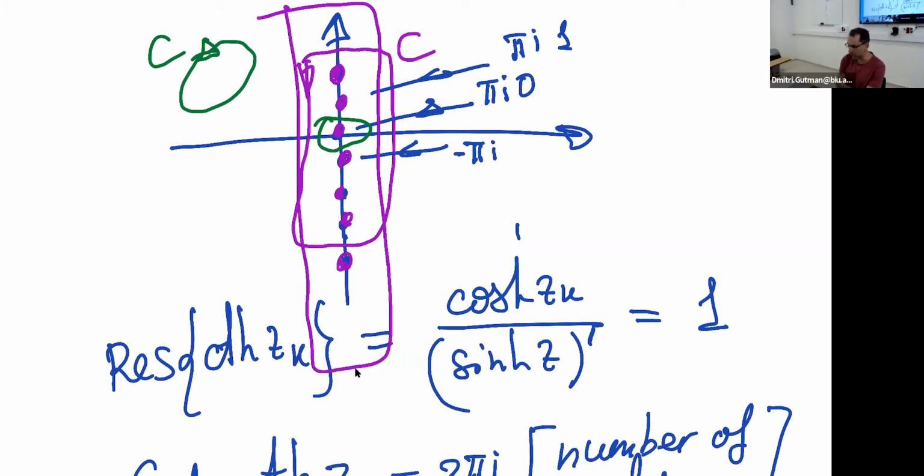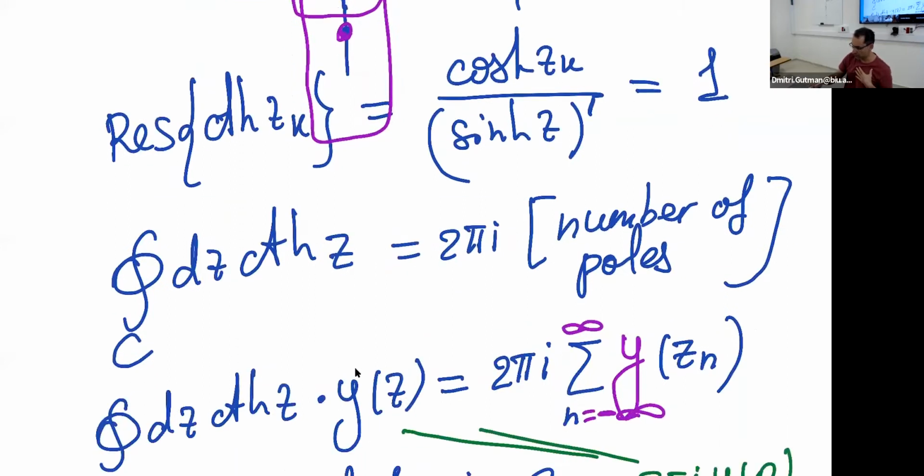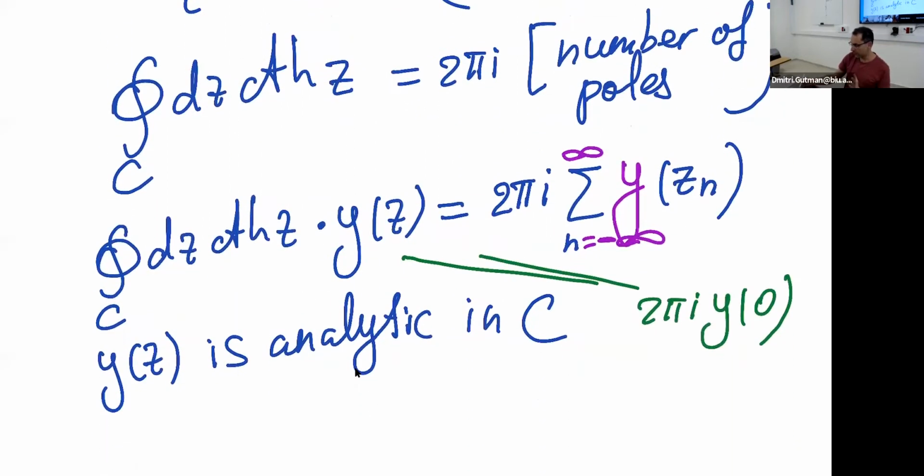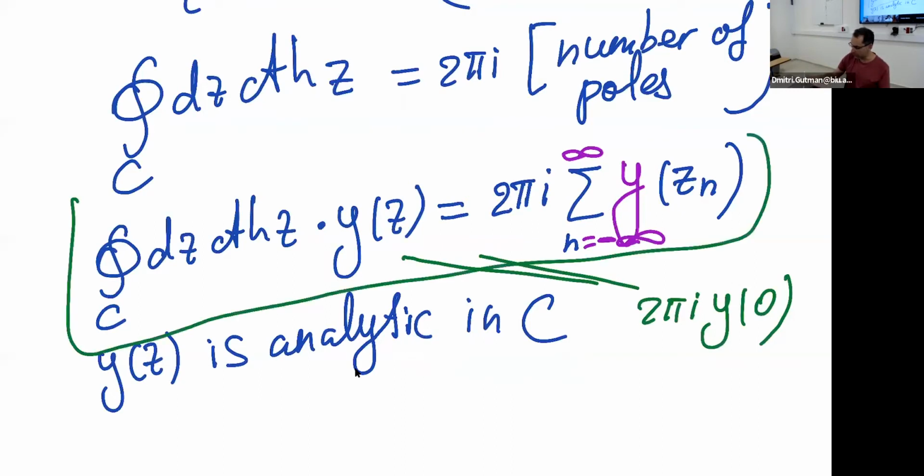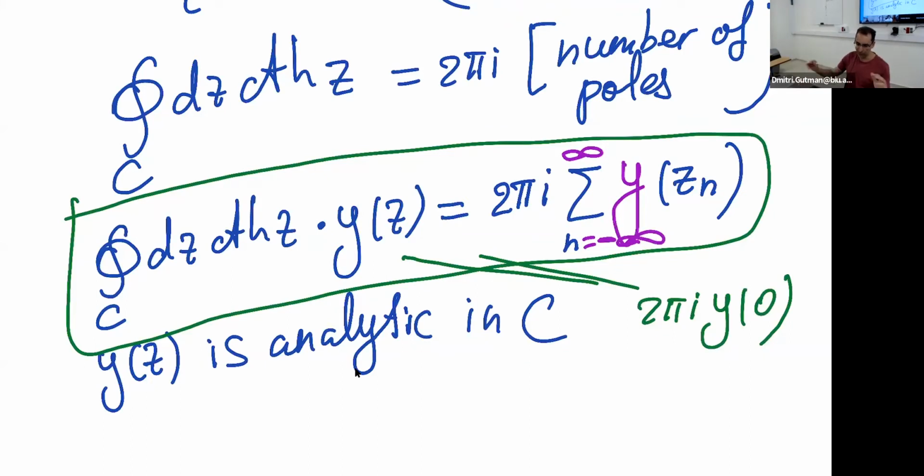But if you're given a function y that does not have poles near the imaginary axis, and you integrate this function with the hyperbolic cotangent, then you tell me the contour of integration, and I express it as a sum of the values of the function y at these poles. Whatever the function y is, the only thing I need is that this function has no poles near the imaginary axis.